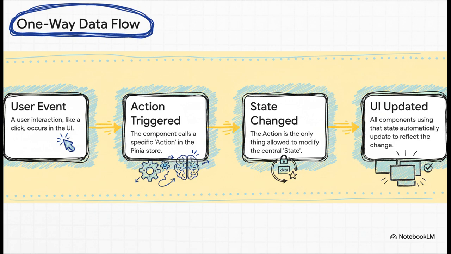Now that click doesn't just go and change something on the screen willy-nilly. No, instead it sends a message to the central brain, triggering something called an action. You can think of an action as a documented, official procedure, and only that action has permission to change the central state, the official memory. And the moment that state changes, the user interface automatically updates everywhere to reflect the new truth.